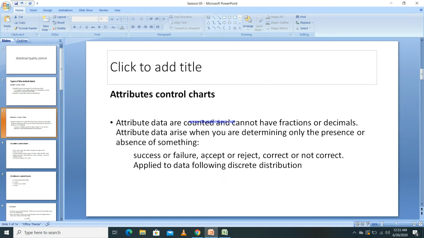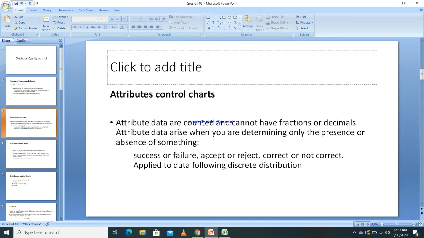In the other case, attribute control charts cannot have fractions or decimals, right? In this case, attribute data arise when you are determining only the presence or absence of something.